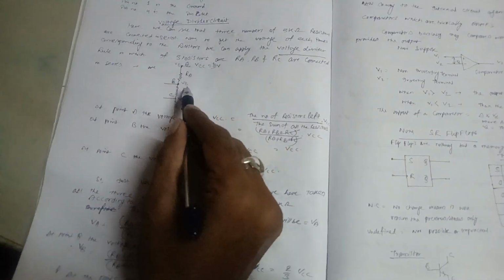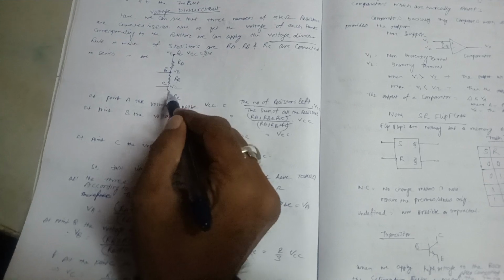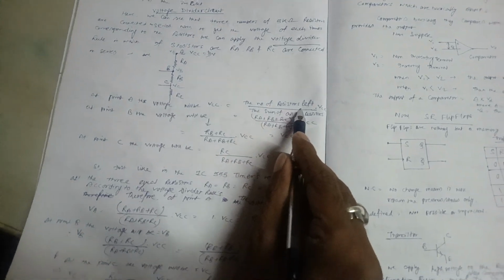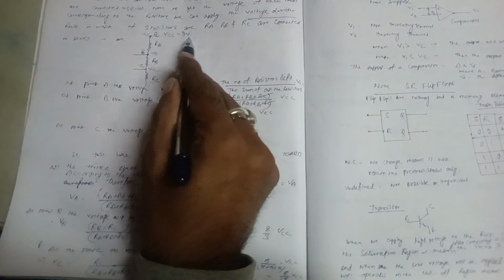The formula is, at point B the voltage will be the resistors left, RB and RC, divided by the sum of all the resistors, multiplied by VCC, the source voltage.